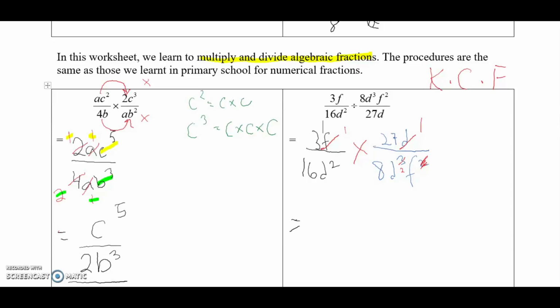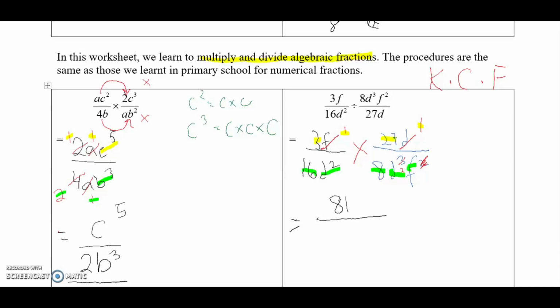So therefore 3 times 1 times 27 times 1 will give us 81 over the denominator 16 times d squared times 8 times d squared times f.